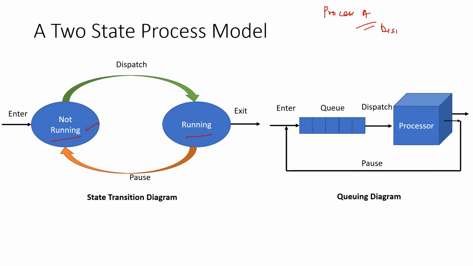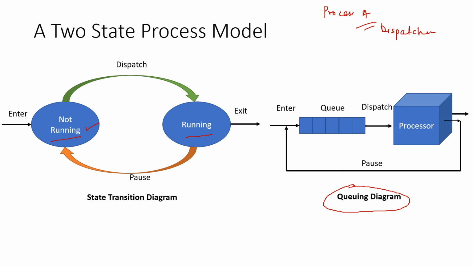We are going to run the dispatcher program, and then the control will go to the next process. So the current process will be interrupted and the dispatcher portion of the OS will select some other process to run. The first process moves from the running state to the not running state, and one of the other processes moves from not running to running state.